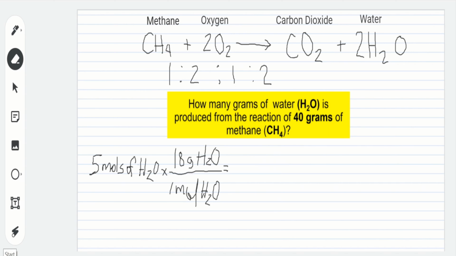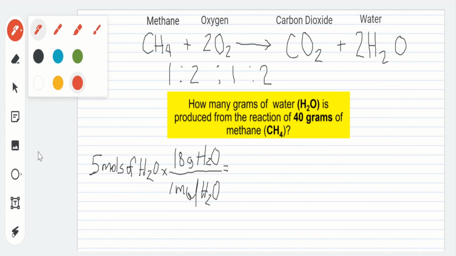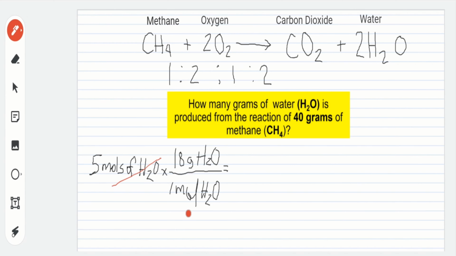Okay, so 5 moles. Okay, so ka-cancel natin yung moles of water. Maka-cancel yan. So that our unit will be grams, which is the one that we're looking for.